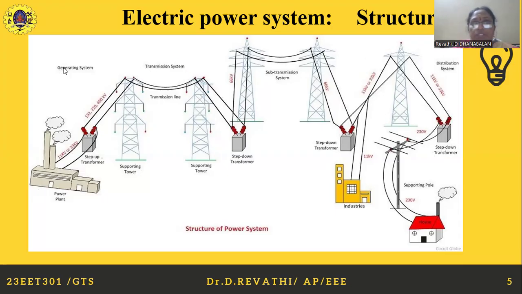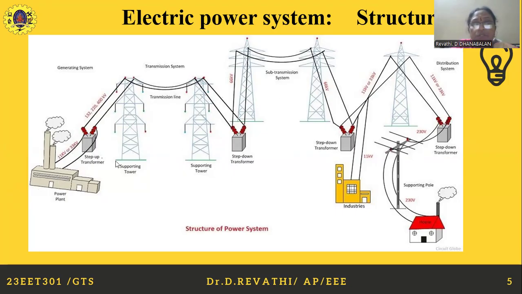These three areas are connected through supporting towers, and the power is distributed from the generation area to the distributors, that is industries, householders, or the consumers. So how is it delivered from the generating power station to the distribution system?